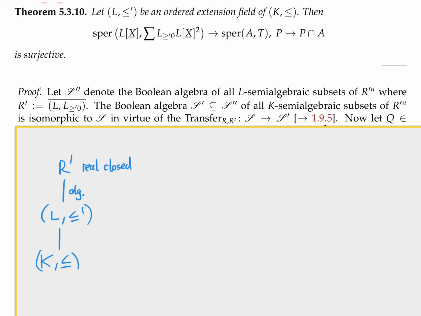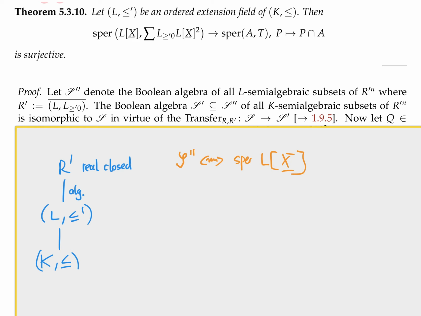By the ultrafilter theorem. So S double prime is closely related, by Brücker's ultrafilter theorem, to the real spectrum of this polynomial ring over L.